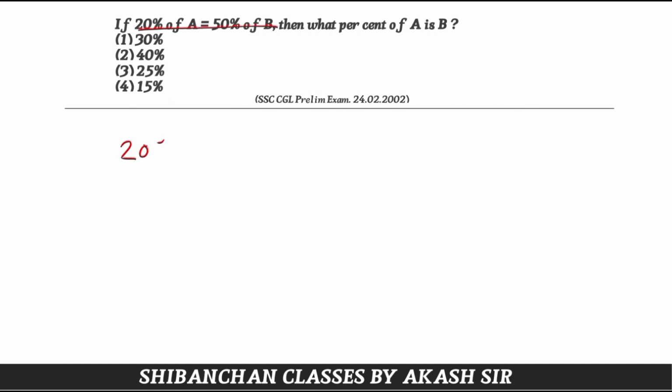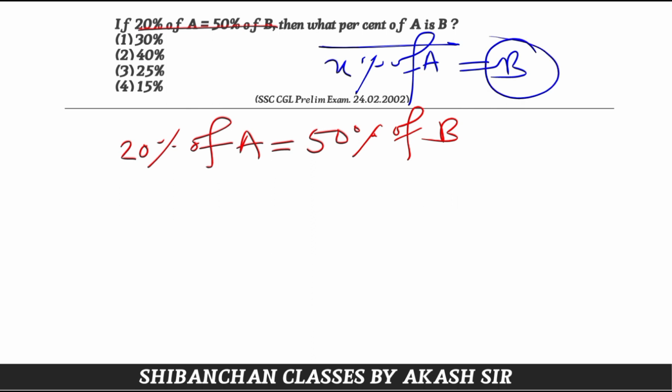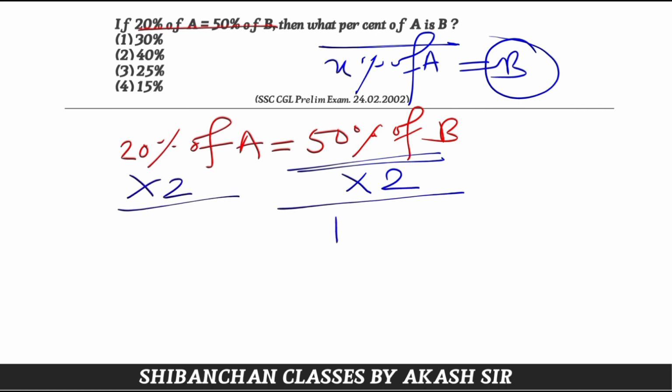First, what is given here? Very easy. 20% of A equals 50% of B. Now, what percent of A is B? That means suppose X% of A equals B, we can assume this. Okay, fine. Now 20% of A, we need one B. B means 100% of B. It is given 50% of B. Then if we multiply it by 2, we also have to multiply the other side by 2.